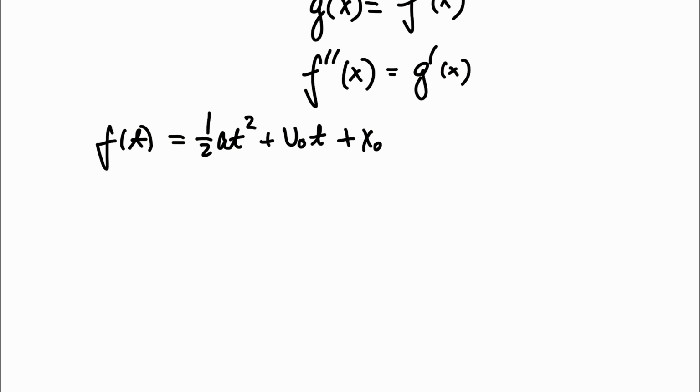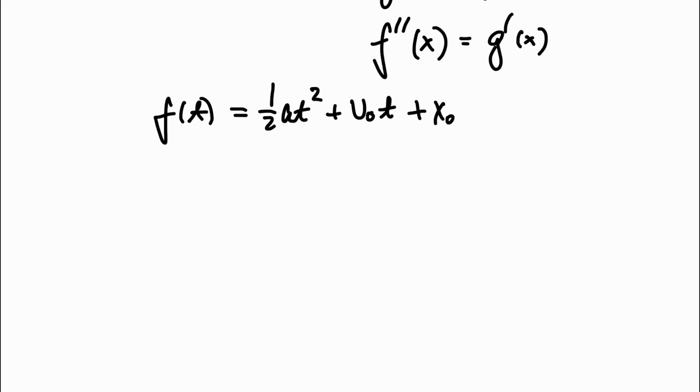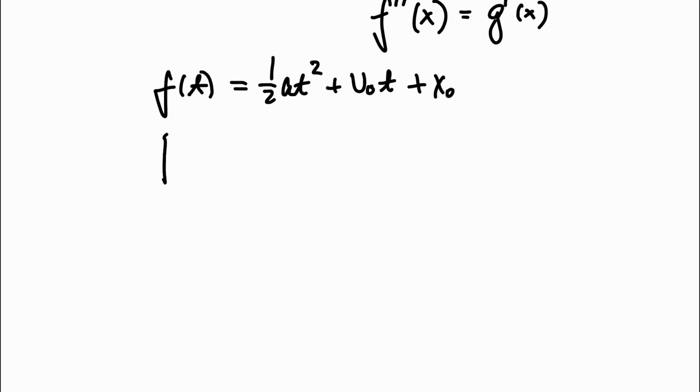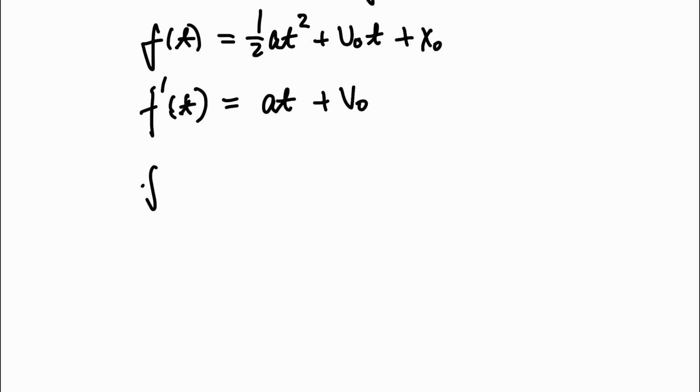And we want to find the second derivative of this. So the first derivative of that, we can simply differentiate, is at plus v0. So the second derivative is very easy as well. Just take the derivative of this, which is just equal to a.